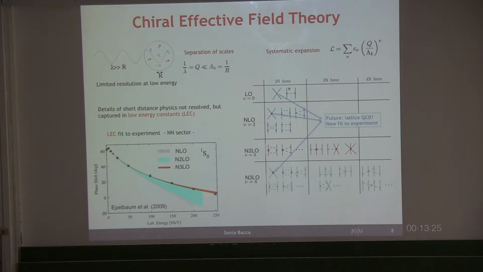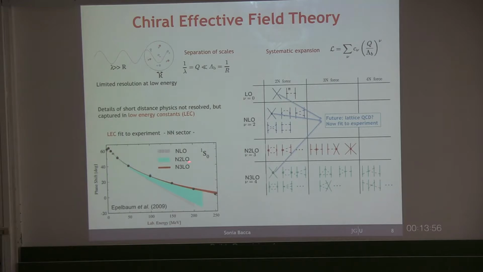So what you could do is you take, for example, this column. You take your leading order, next leading order potential, you solve a Lippmann-Schwinger equation for 2 nucleons only. You calculate the phase shifts, and they will depend on some parameters which you then fit to the data. And by the time you increase your chiral order, you have enough parameters to fit that your theory then goes exactly on top of the data.